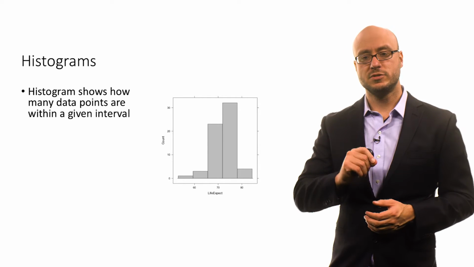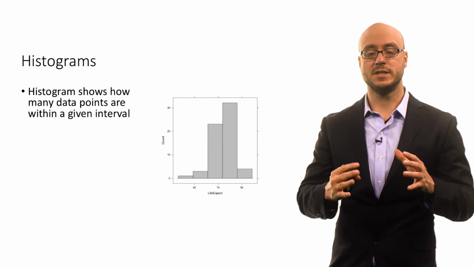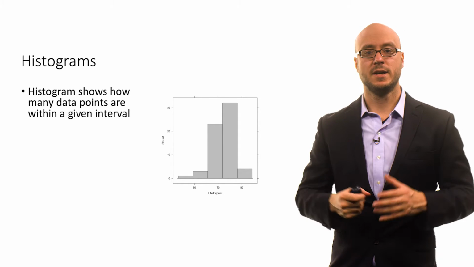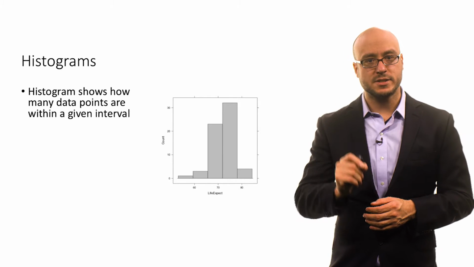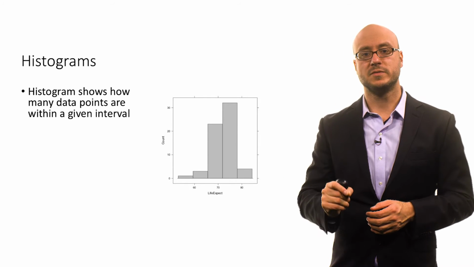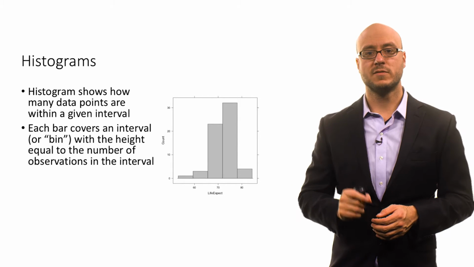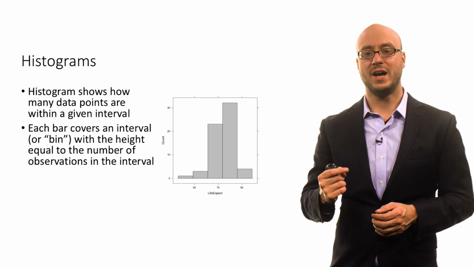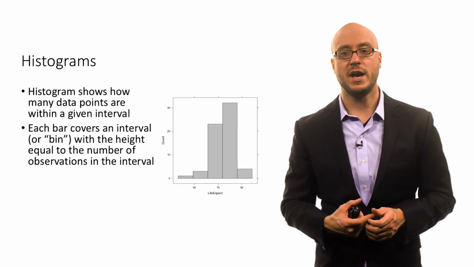The idea is that it shows the distribution of a numerical variable, right? But it uses bins. It bins the different sets of observations. Specifically, a histogram shows how many data points or observations are within a given interval. So each bar covers an interval or bin with the height of each bar equal to the number of observations in that interval.